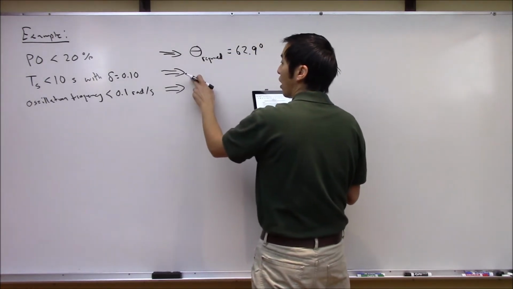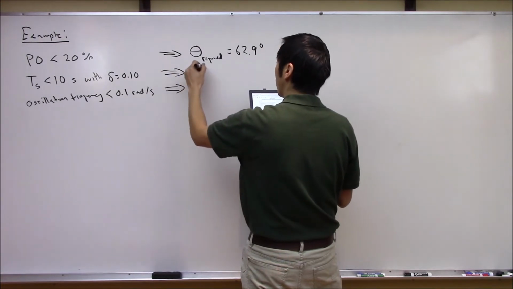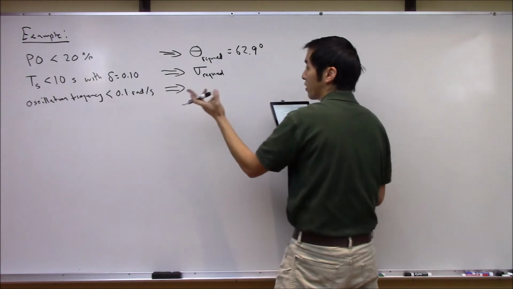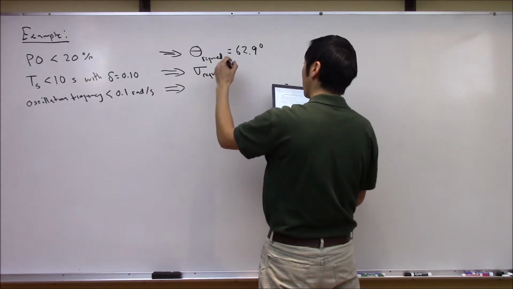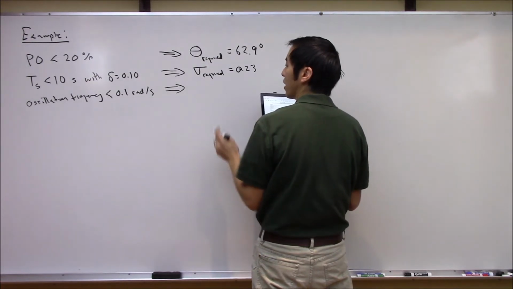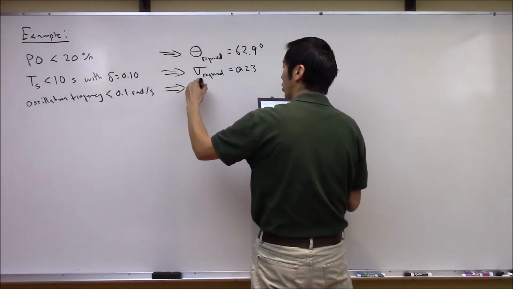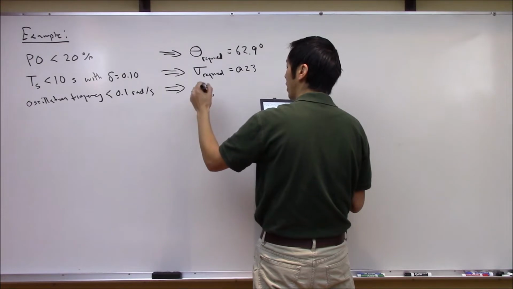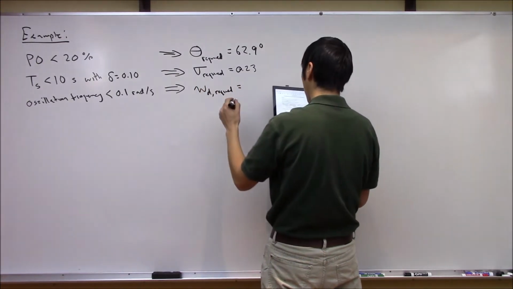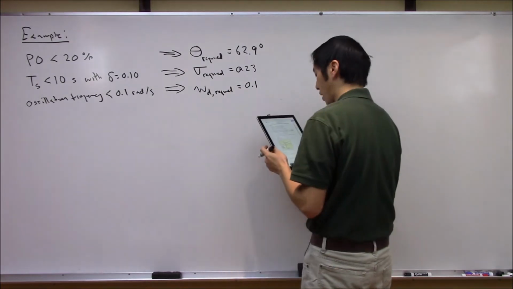This settling time requirement was a restriction on the real part of the pole, or sigma, and this had to be something like 0.23, I think is what we showed in the last video. And finally, this oscillation frequency was a restriction on the imaginary part of the pole, and in this case, this has to be 0.1 or less.